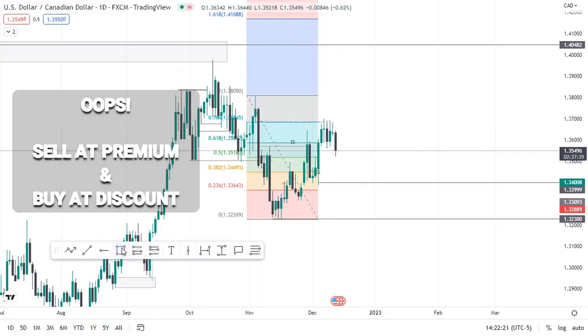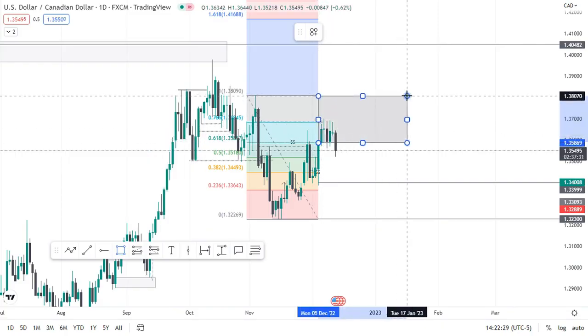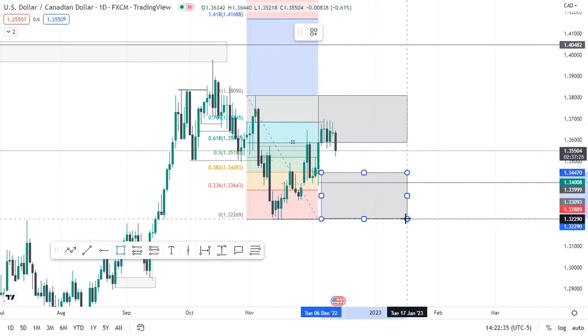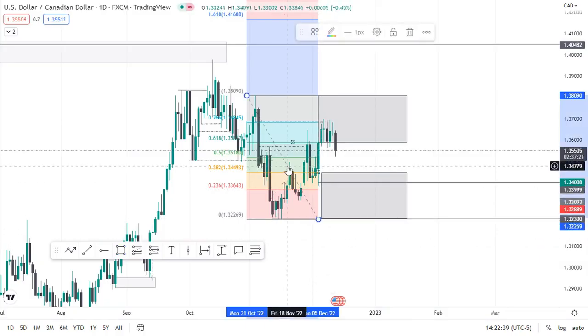So what this means is basically, if I want to sell USD CAD, I'll be looking to sell from this zone, whereas if I want to buy, I'll be looking to buy simply from this zone. And the deeper it is into discount or premium, the higher your risk to reward would likely be.